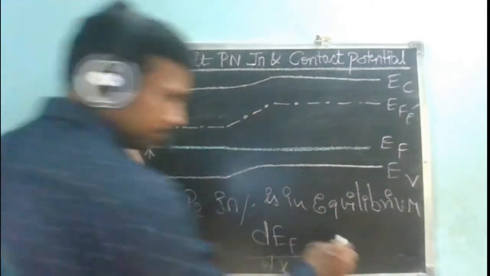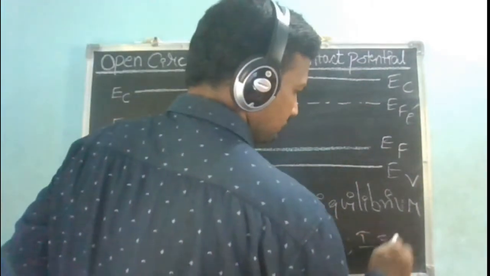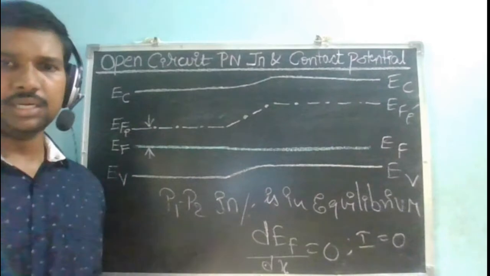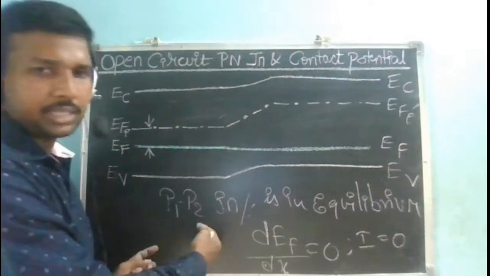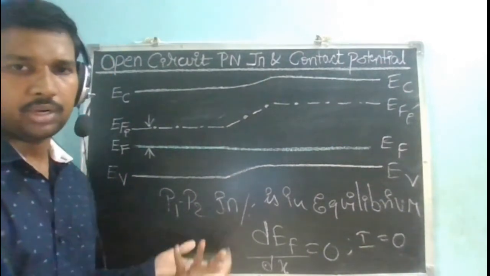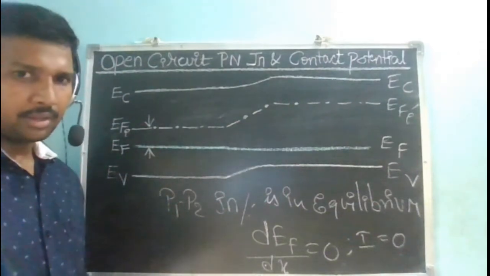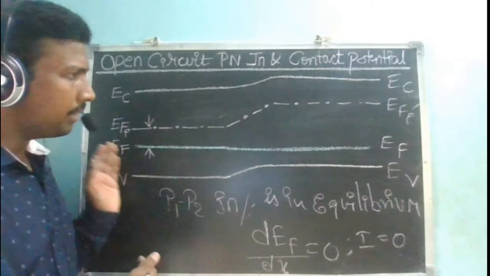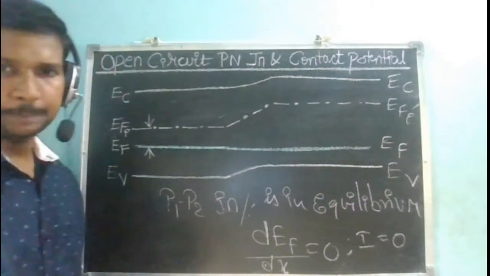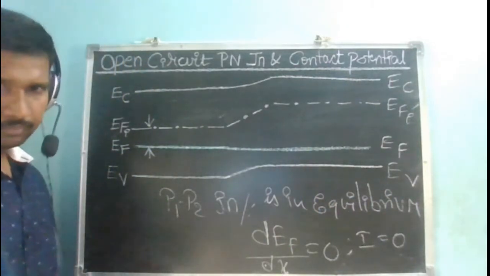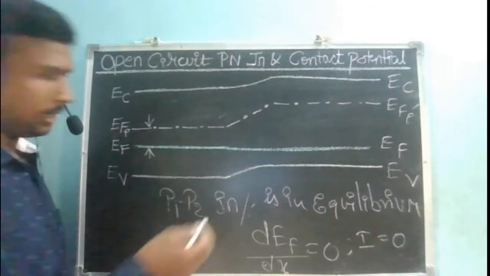I'll say it is 0. And it is expected. I just made a junction between P1 and P2 and I have not applied any external excitation, so current is going to be 0. Is this fine? How am I able to draw the energy band diagram? Yes or no?